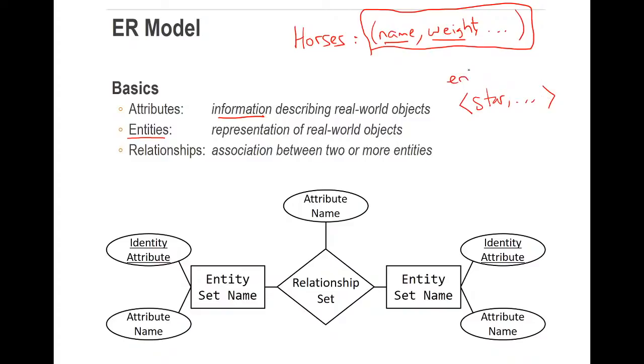This is an entity, and this entity has a type, and the type is horse because it's an information about a horse. So a collection of these entities is what we call an entity set. It's a set of entity satisfying common properties. In our case, they have the same attributes.